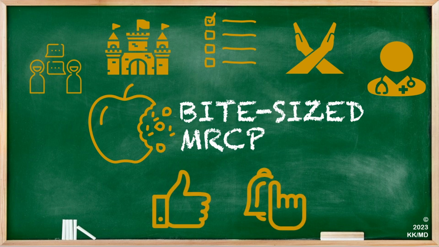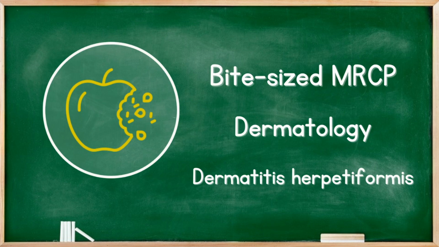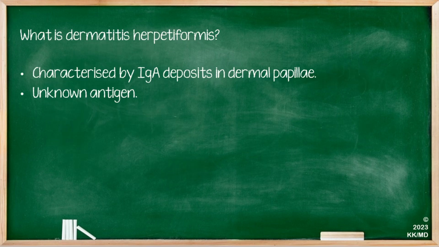Now, without further ado, let's get into today's topic, which is dermatitis herpetiformis under the section of dermatology. So what is dermatitis herpetiformis? It's characterized by IgA deposition in dermal papillae, and it's a disease of unknown antigen.